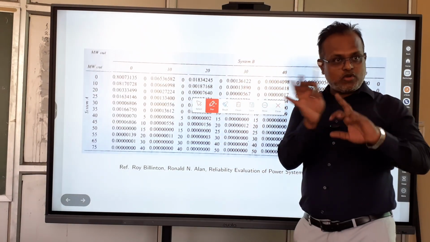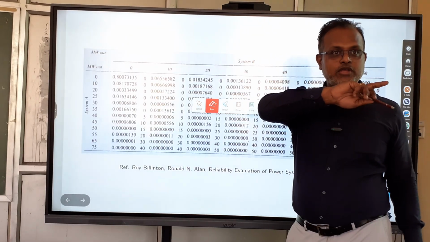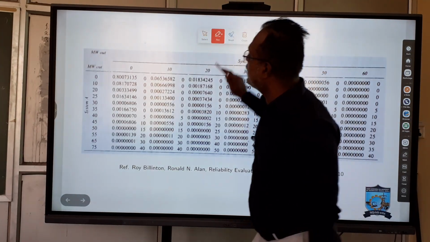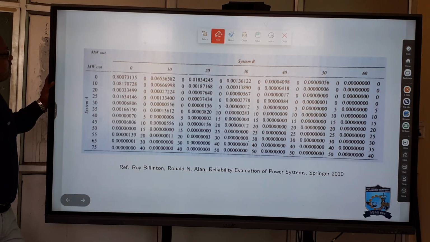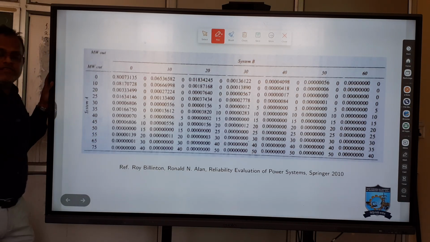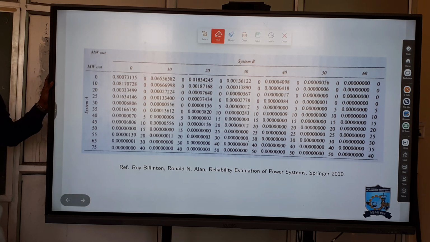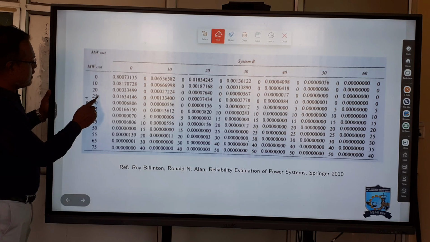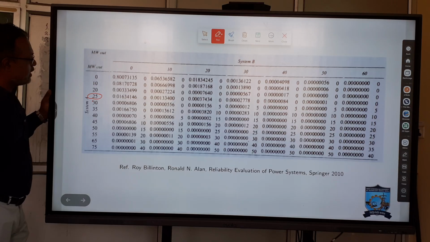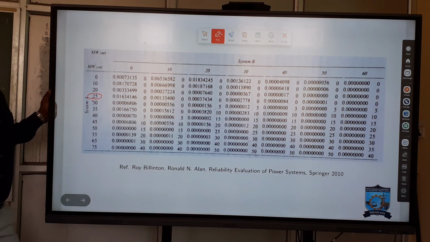So it will continue like that. You multiply the probabilities in the corresponding capacity outage tables of A and B to find out the load capacity array for both simultaneous outages. Now, where does the problem arise? The problem arises somewhere here. We discussed that 25 megawatt outage, right? If there is a 25 megawatt outage in system A, then there is a loss of load.